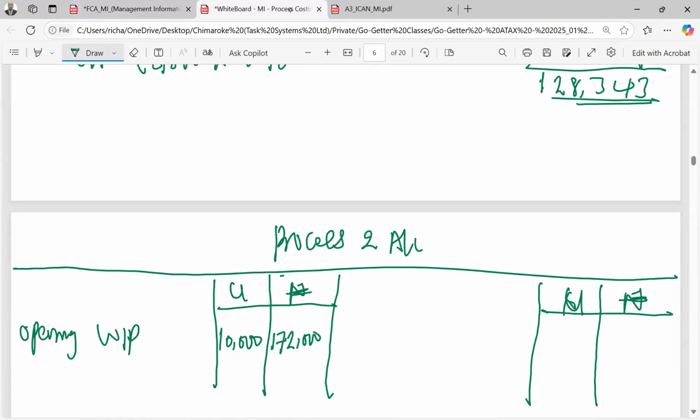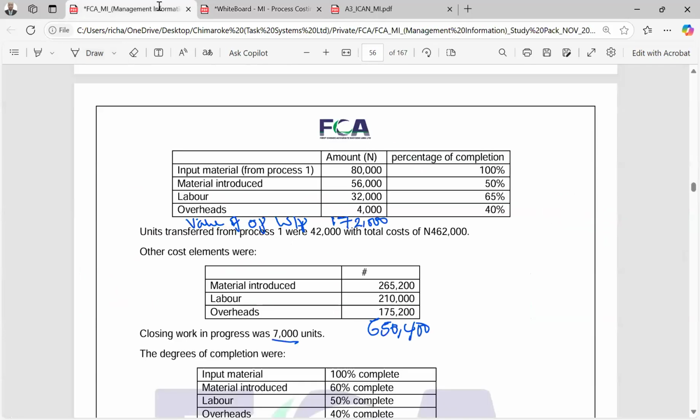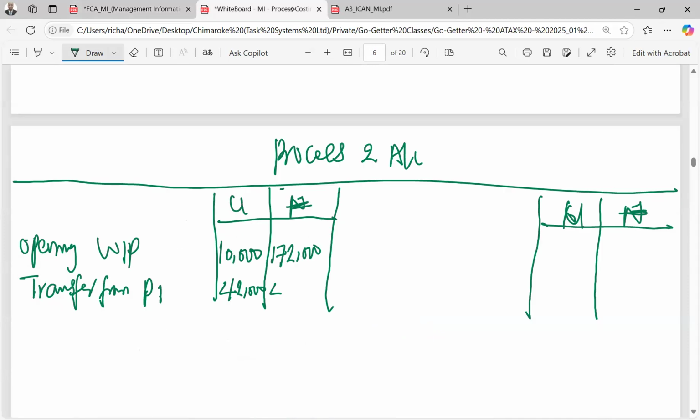The next thing, just the same way we did in FIFO, we have transfer from process 1. It was 42,000 and the cost was 462,000.